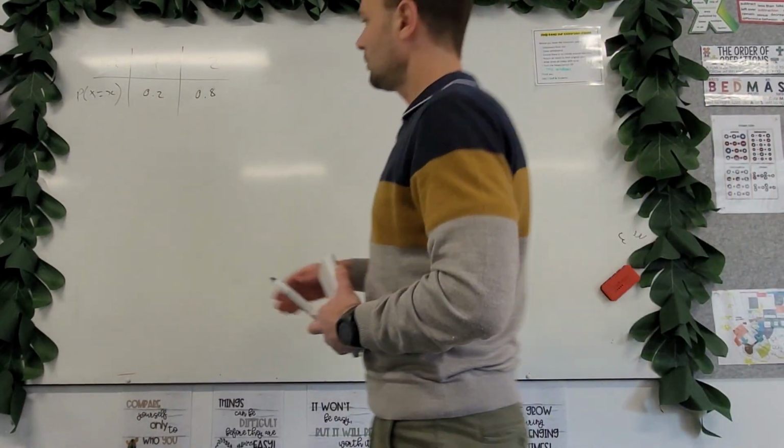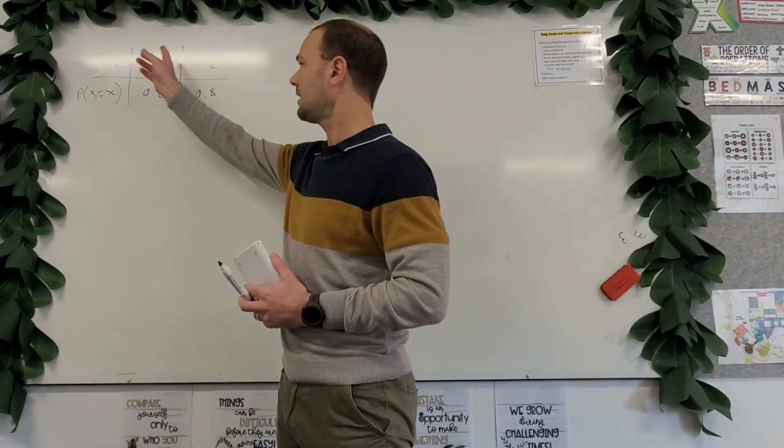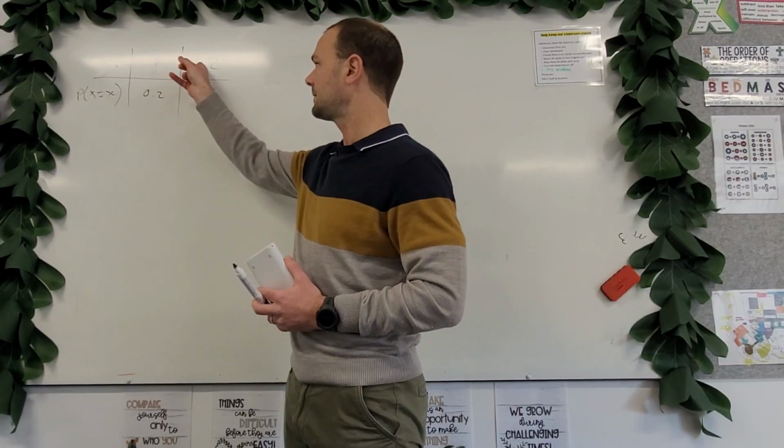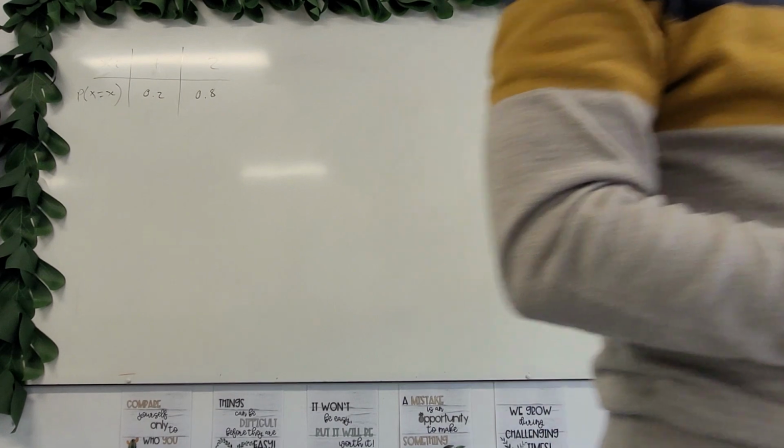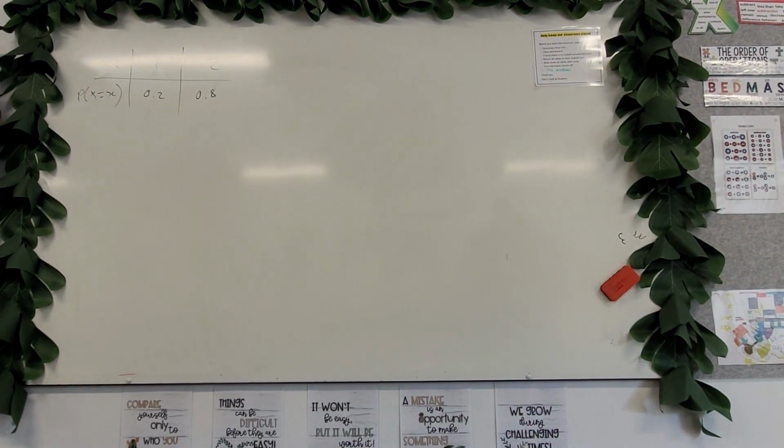So what we're going to do, we're going to put it in our calculator in stat mode. This is going to be the left-hand column. This is the right-hand column. So this is recalling probability distributions. So my events are 1 and 2, and my probabilities 0.2 and 0.8.